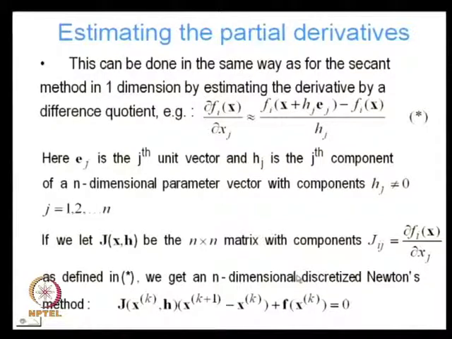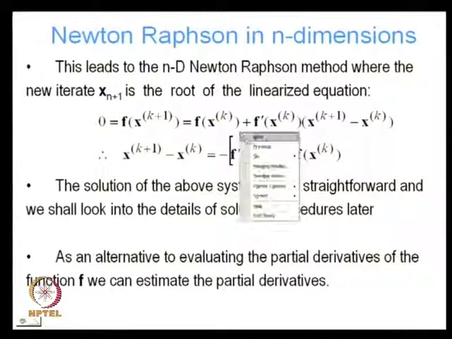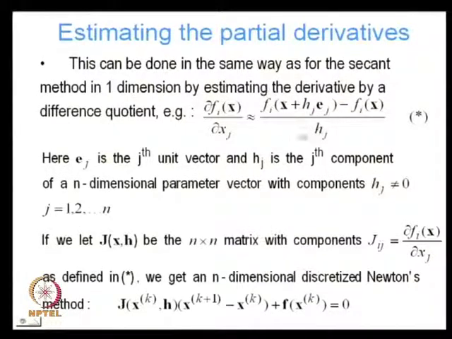Now I am no longer evaluating the exact derivatives, but the structure remains the same: J(xk,h) times (xk+1 minus xk) plus f of xk equal to 0, right. That was what I had earlier on. The only difference is that instead of evaluating this derivative exactly, I am evaluating it like this.